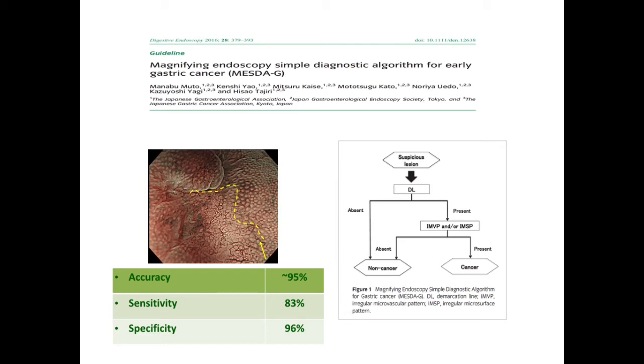First, you look for a demarcation line. If a demarcation line is present between the abnormal and normal area, then next you look at the microvessel and microsurface characteristics in the demarcated area. If the microvessel or surface is irregular, any of them, then the lesion has a 95% chance of being early gastric cancer.